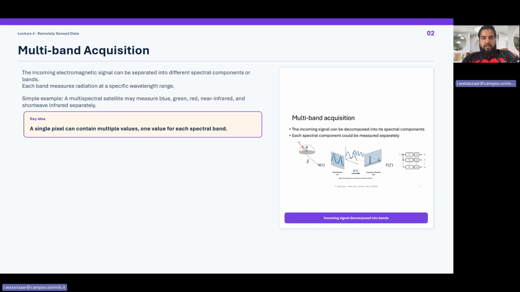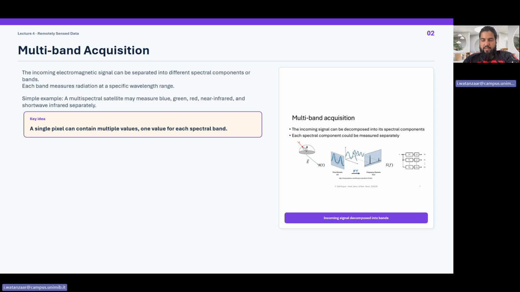What is multiple band acquisition? In multiple band acquisition, the incoming electromagnetic signal can be separated into different spectral components. We already discussed multispectral sensors and hyperspectral sensors.